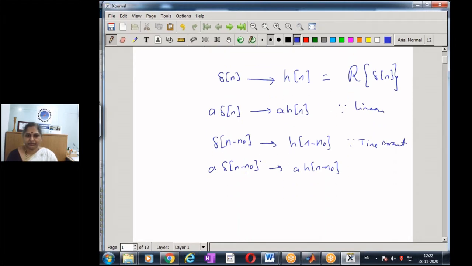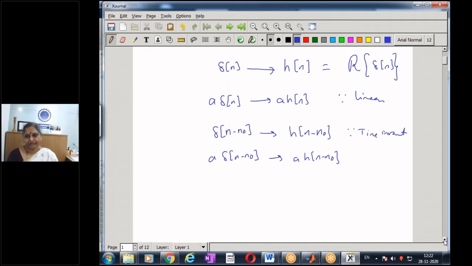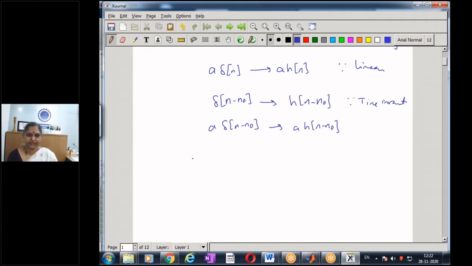Now, knowing these properties of the system, how do I compute the output for any input x[n]? So if I am given an input x[n], let us say x[0], x[1], x[2], x[3], and so on, and this corresponds to, say, my origin.